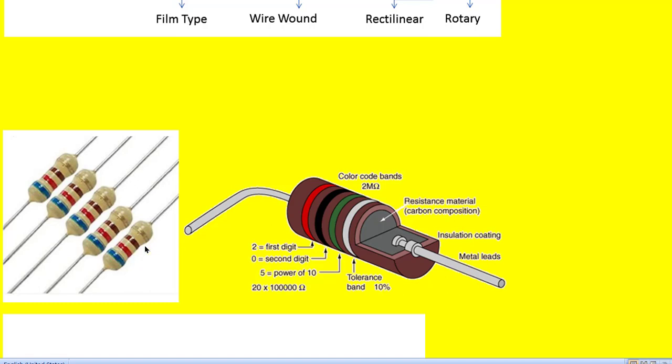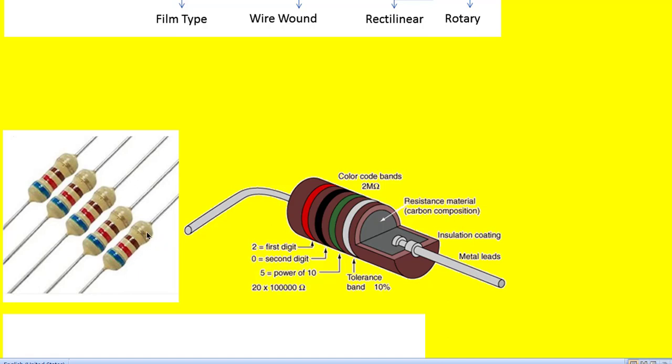If it is a 4-band resistor, the first three bands or colors will indicate the numbers. The first two indicate the digits. The third band indicates the number of zeros that are to be put after the two digits of the resistance.